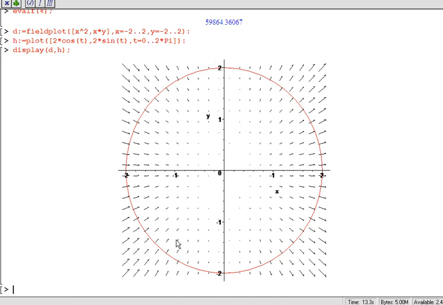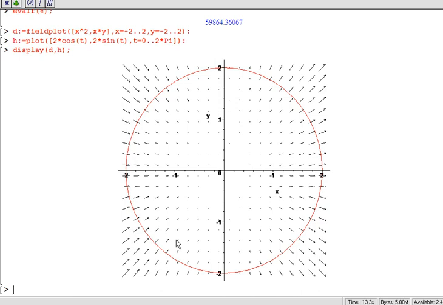So pointing towards quadrants 2 and 3 and pointing away in 1 and 4. But the vectors are perpendicular to the path, so the field does no work on the particle. The field never pulls the particle in the direction it's traveling, so that's really important. The field is not pulling the particle at all in any direction as it goes around the circle.